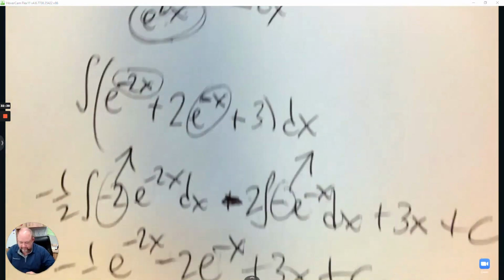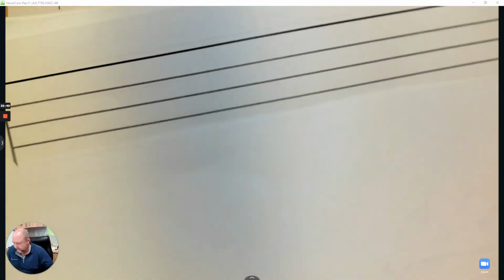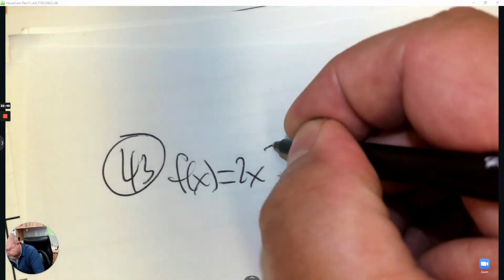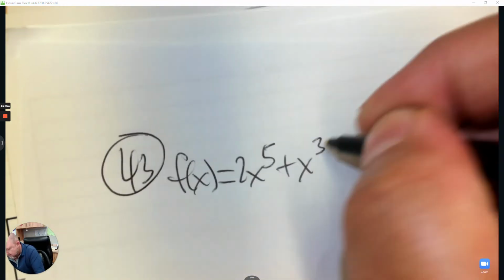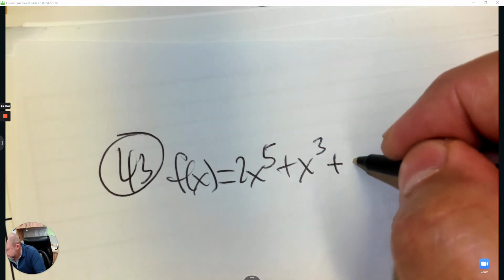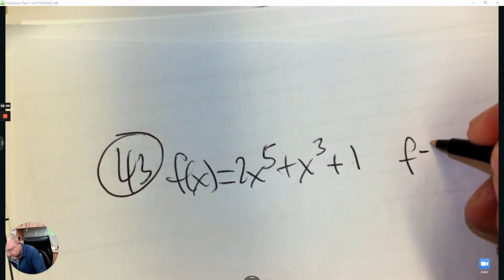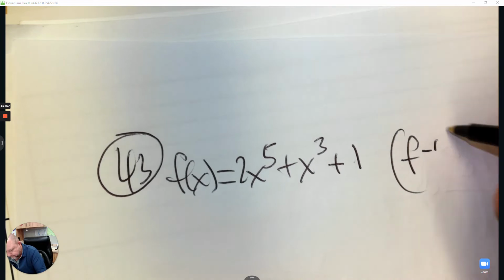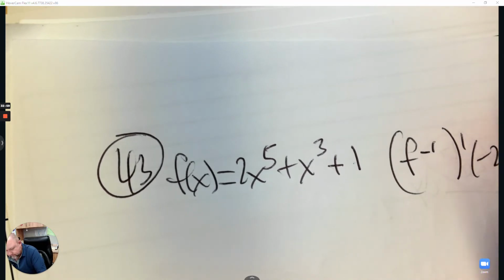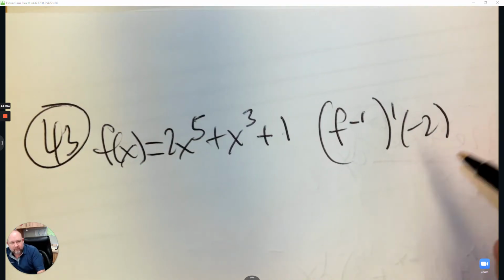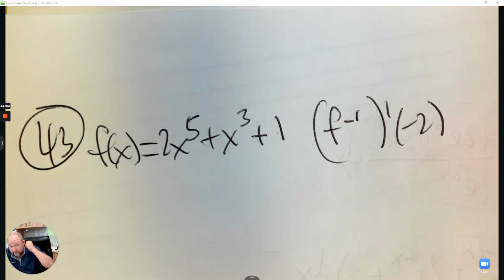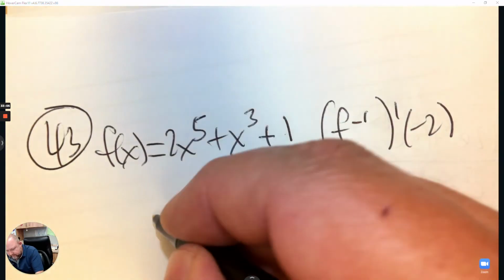43. In 43, you have a function and you're asked to find the derivative of the inverse at negative 2. So we're going to work backwards. It's nice to have a chart.